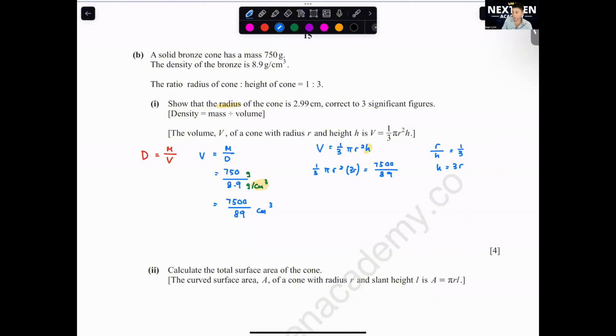And then over here, 1 over 3 pi r square times 3r. Okay, over here, cancel. We'll get pi r cube. Pi r cube is equal to 7,500 over 89. r is equal to the cube root of 7,500 over 89 pi.